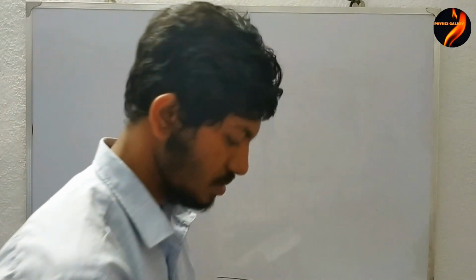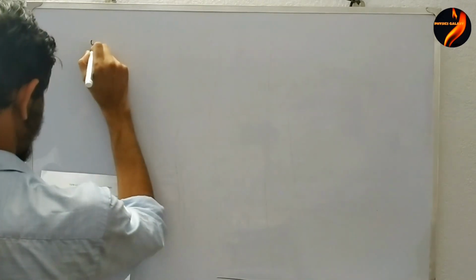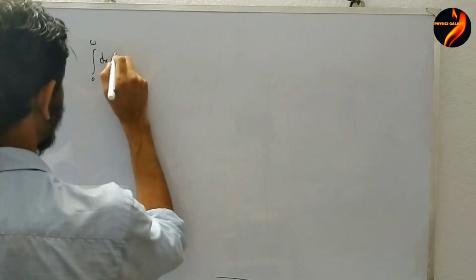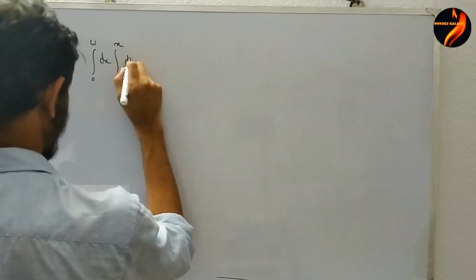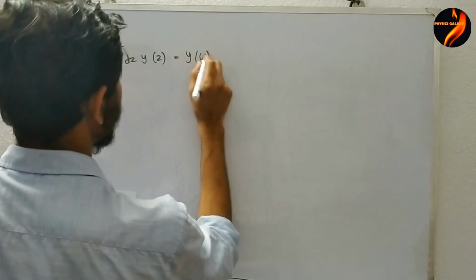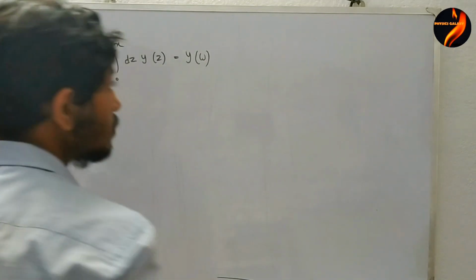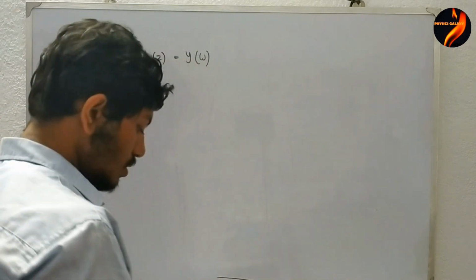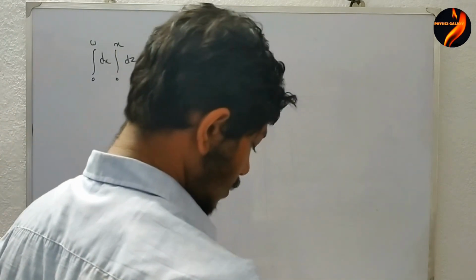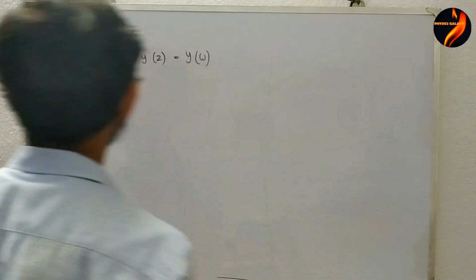So the first question is from mathematical physics. I have to solve this integral equation, the integral from 0 to omega dx, integral from 0 to x dz, y(z) equal to y(omega). To solve this, we have to use the Leibniz theorem for differentiation under the sign of integral.